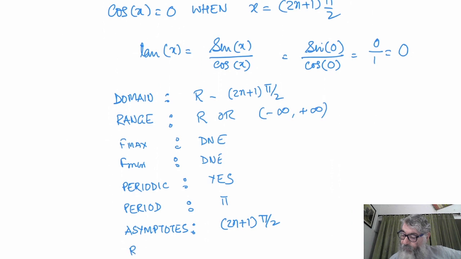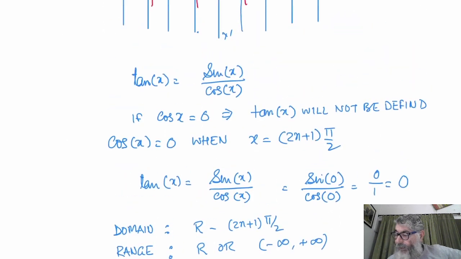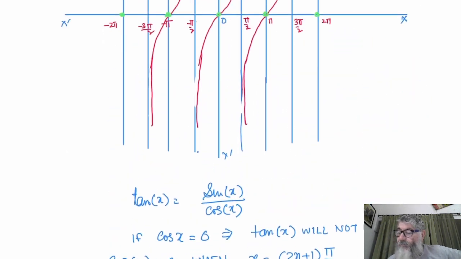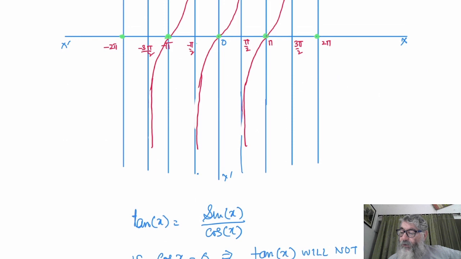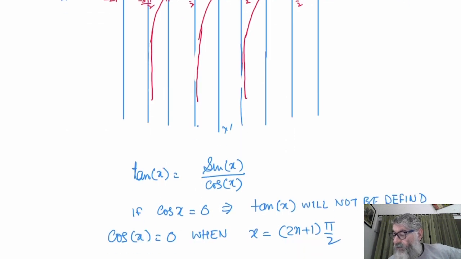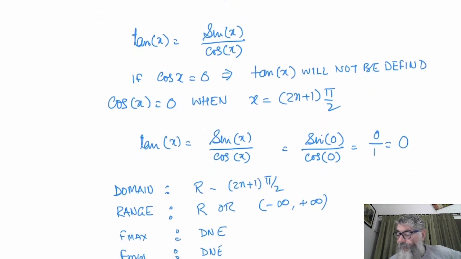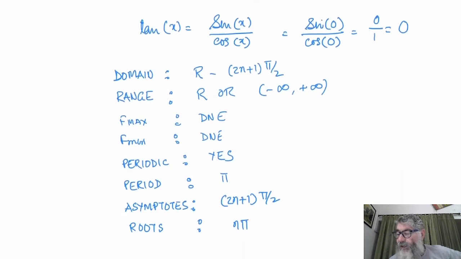And what are the roots of the function? Roots of the function are n pi. It is cutting at multiples of pi. Either it is 0, it is pi, it is 2 pi, it is minus pi, it is minus 2 pi. So the curve is always cutting at these points. So the roots are n pi.